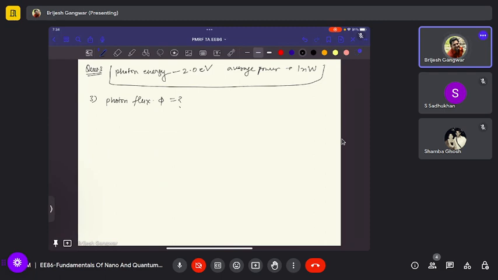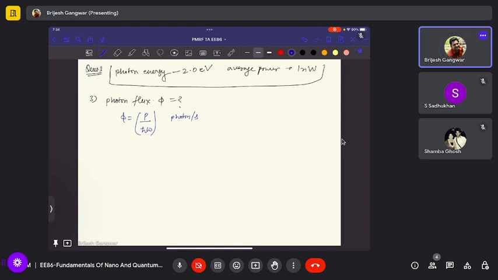How will you calculate? The photon flux should be total power divided by the energy of each photon, so power divided by h cross omega. That is also photon per second.